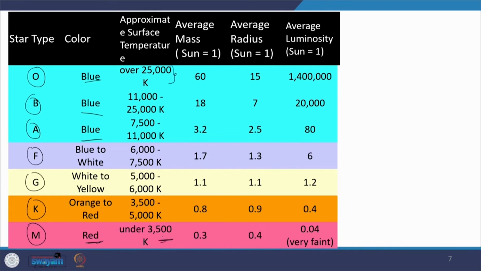Earlier I had given you 3,000 to some 50,000 kelvins. Here I am showing up to 2500 kelvins. Average mass compared to the sun ranges from 0.3 to 60. And near the sun, it is orange to red and white to yellow.